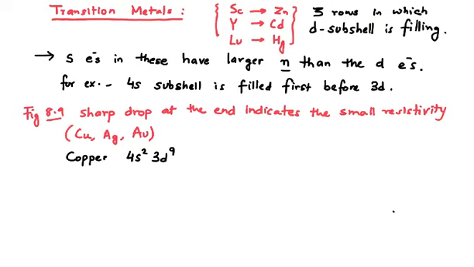We all know that copper has small resistivity and is a highly conductive material, and that's why we use copper in all the electrical lines around us. If we look at the electronic distribution, at the end copper has a 4s2 3d9 configuration, but we know that a filled d subshell is more stable than an s subshell.